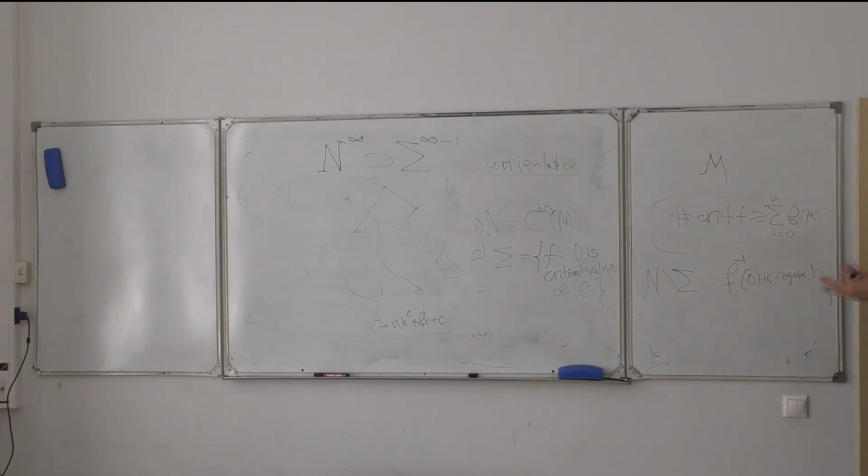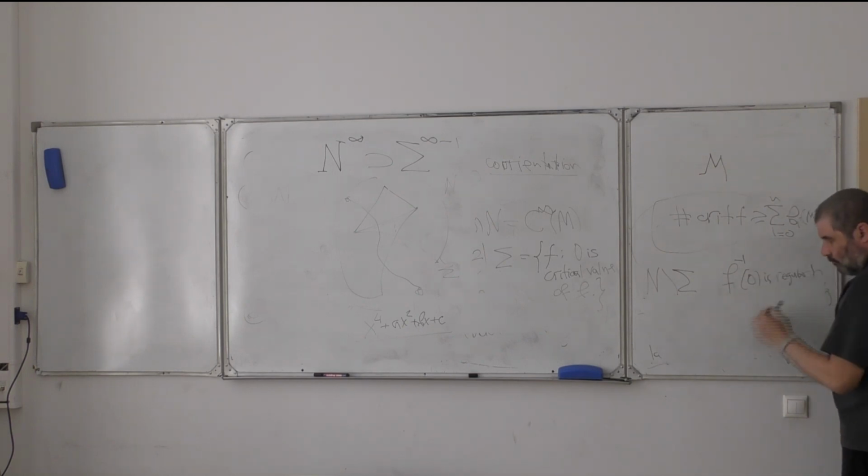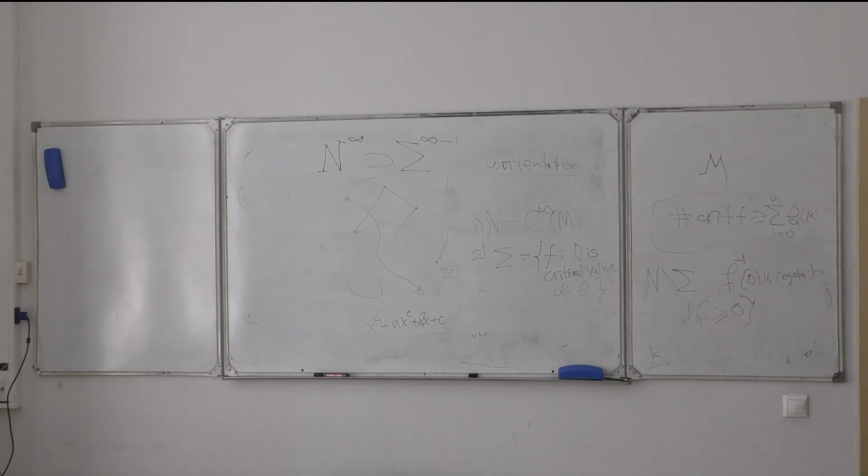By definition, I consider the set of f such that f is at most 0. It's a manifold with boundary. Its boundary is f equal to 0. The boundary could be empty, of course.